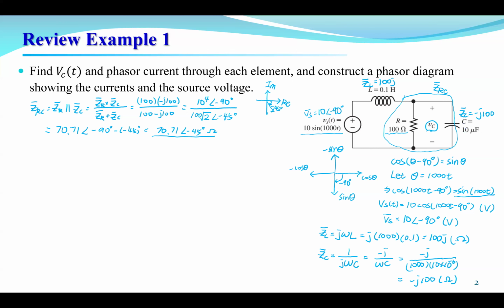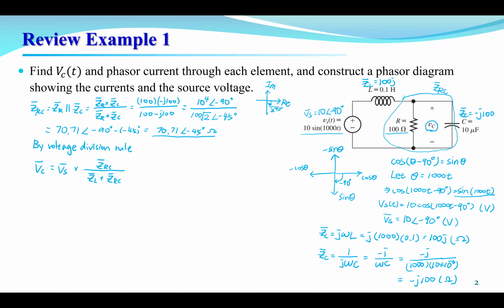So by the voltage division rule, VC should be Vs, the voltage source, times ZRC in the numerator and ZL plus ZRC in the denominator.